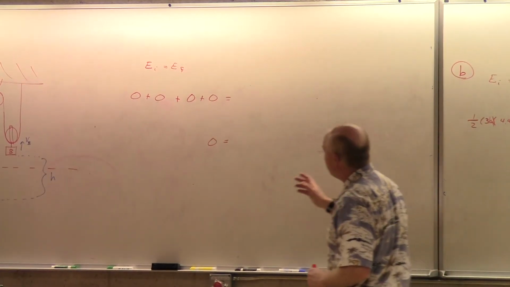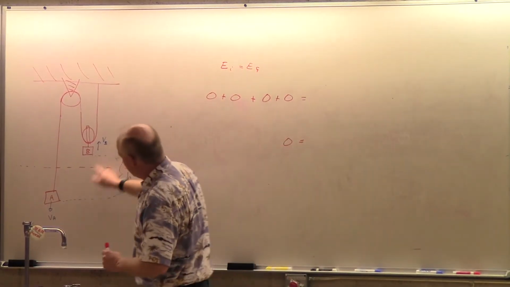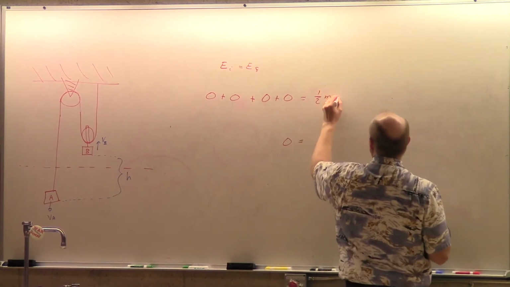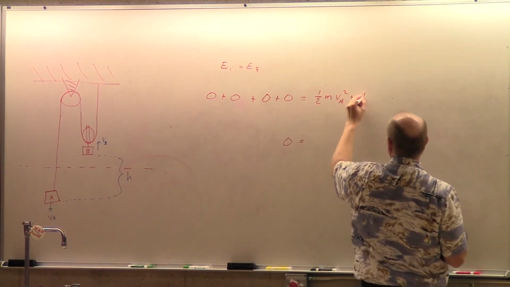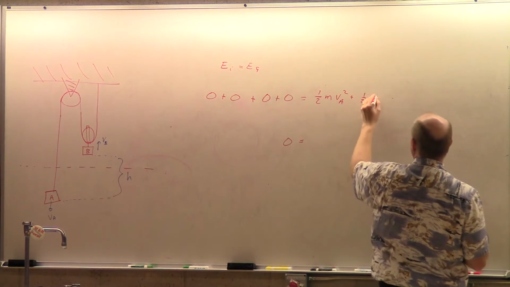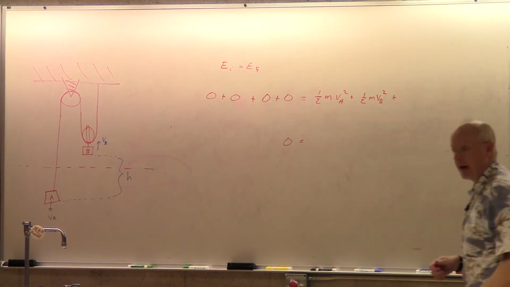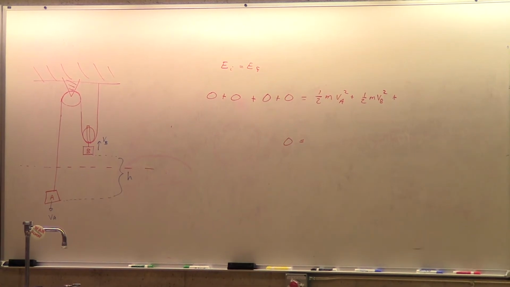All right, so I'll add it up here. So let's look at this side of the equation. When they get over to here, I will have 1/2 m times the velocity of A squared and 1/2 m times the velocity of B squared. So there would be my kinetic energy of each of them.